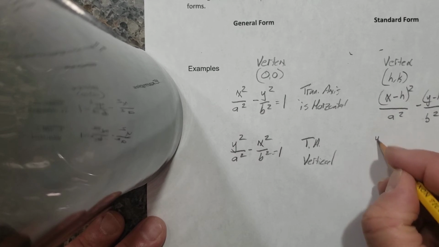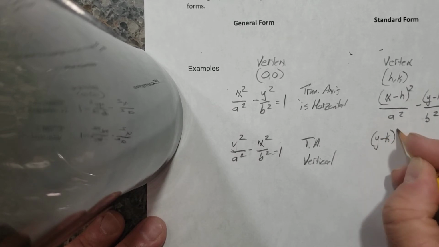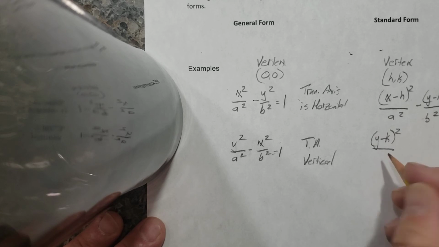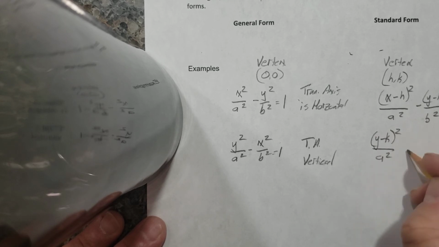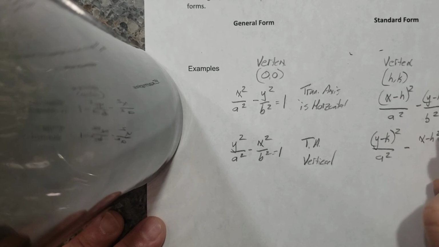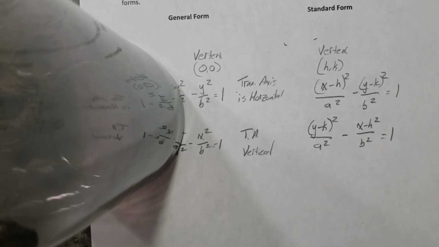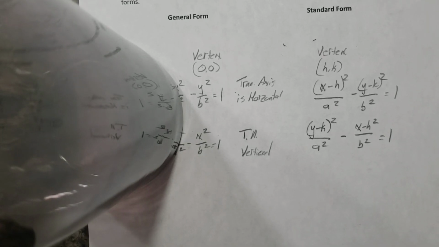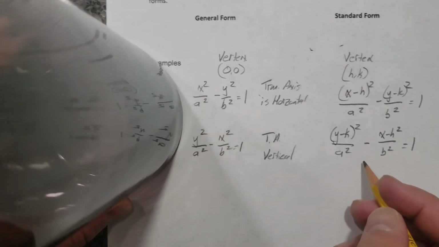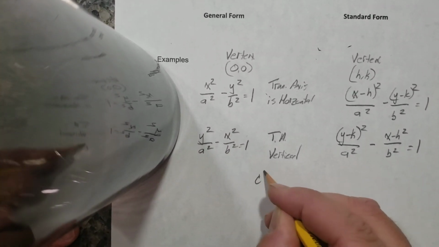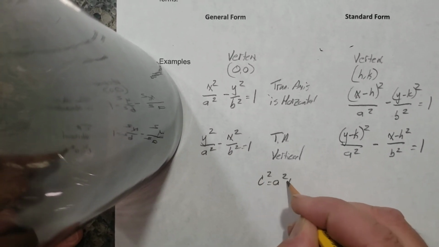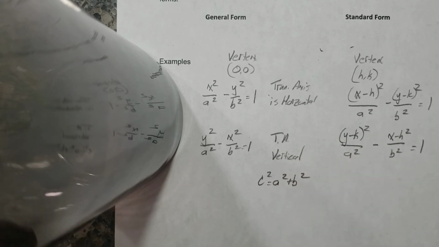And then you have (y minus k) squared over a squared minus (x minus h) squared over b squared equals 1. I'll slide that over there. Sorry about that. Those are the forms of your equation. And just so you know, for a, b, and c, c squared equals a squared plus b squared. So that's what you get.